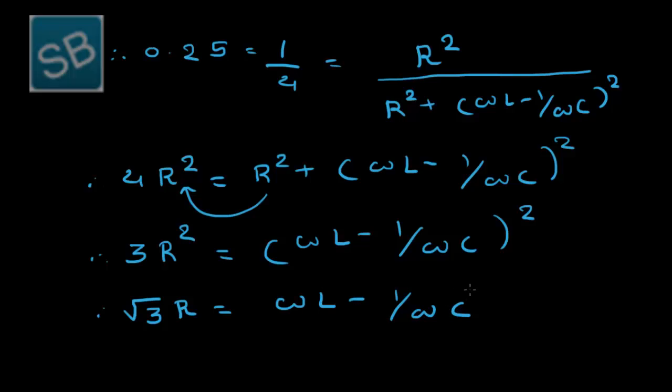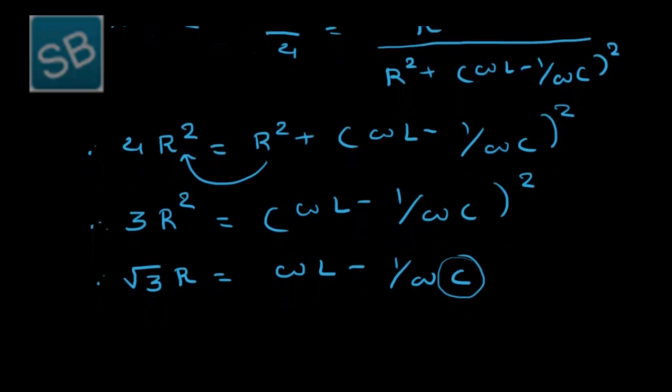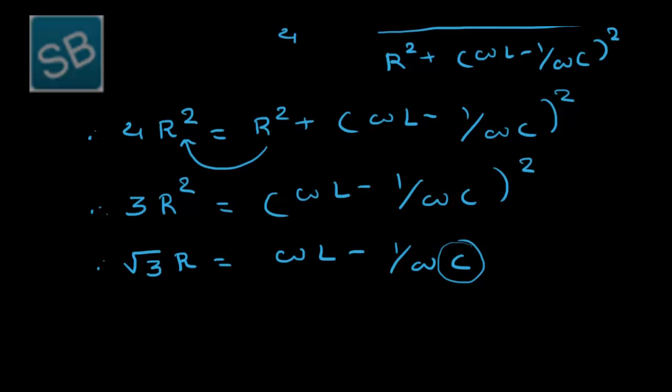But our task is to find the value of capacitance, so it is necessary that we make C the subject. Therefore, 1 over omega C is equal to omega L minus under root 3 r, and therefore omega C is equal to 1 over (omega L minus under root 3 r).